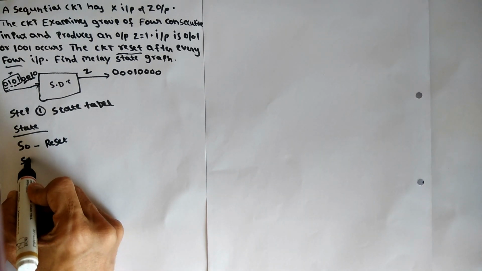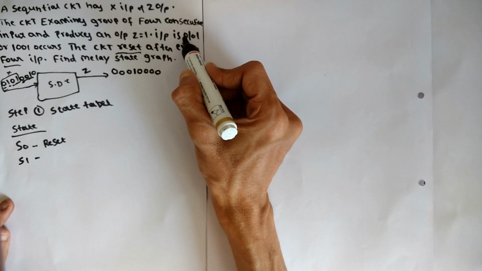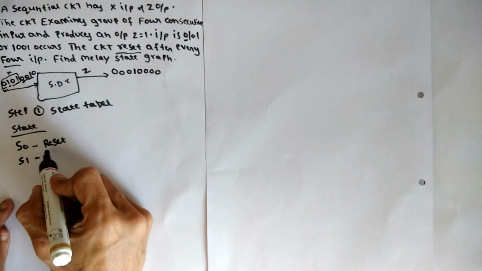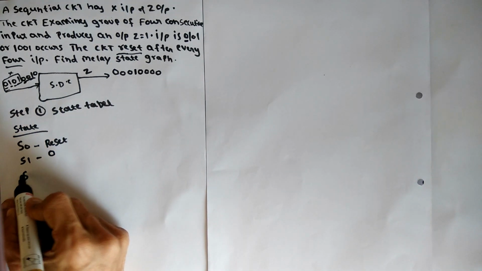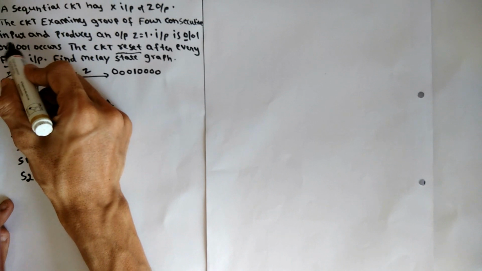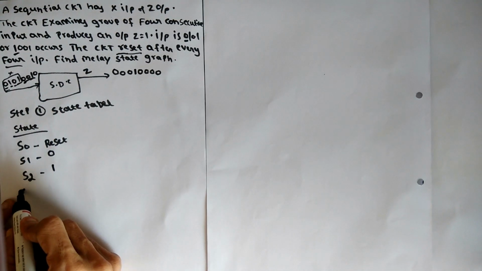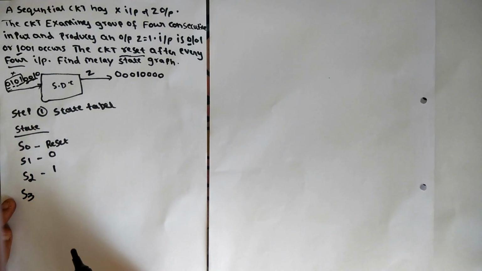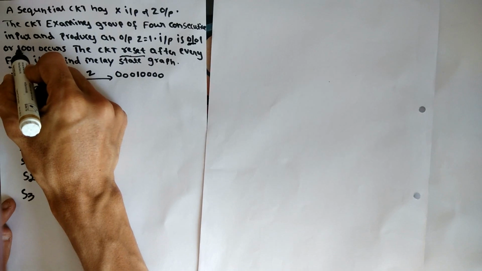You can take S1 from either the first sequence or the second sequence. In the first sequence it is 0, so take the value 0. Similarly for S2, the second sequence gives 1, so we take 1. For S3, you have to take 2 bits from each part, 0 1 and 1 0.